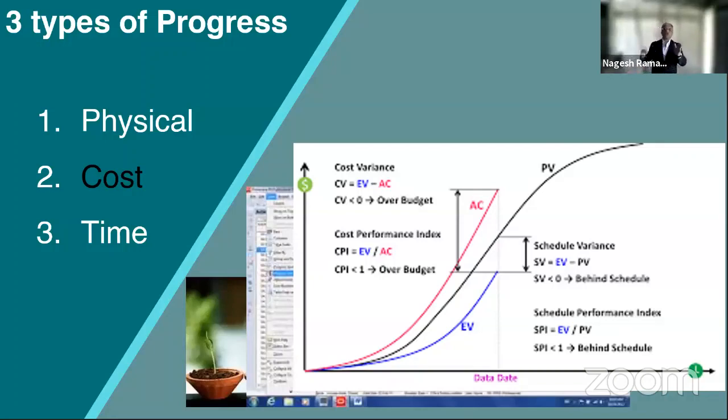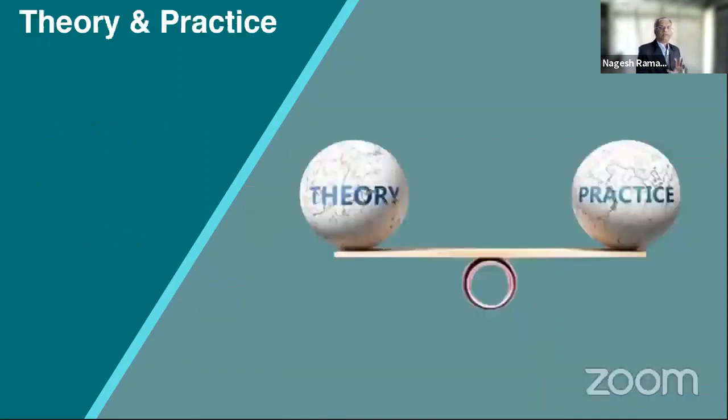One is on the cost, one is on the time, which integrates both and tells you the health of the project. Health in the sense of how well we are doing in the project as far as its progress is concerned. So earned value management is a very, very large subject. I just thought I'll give you a sneak peek here.